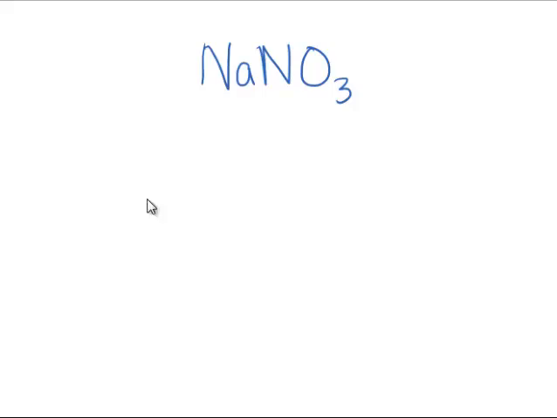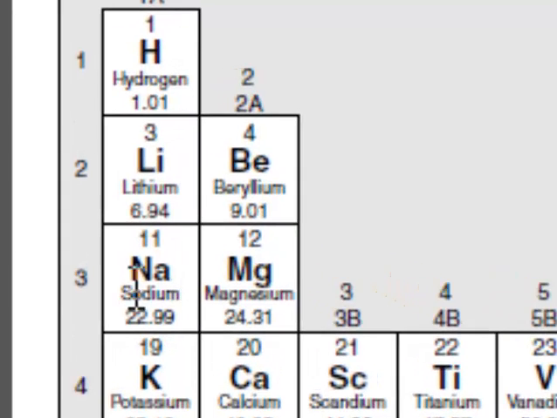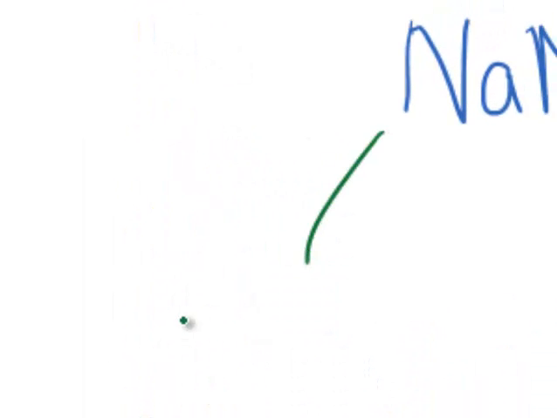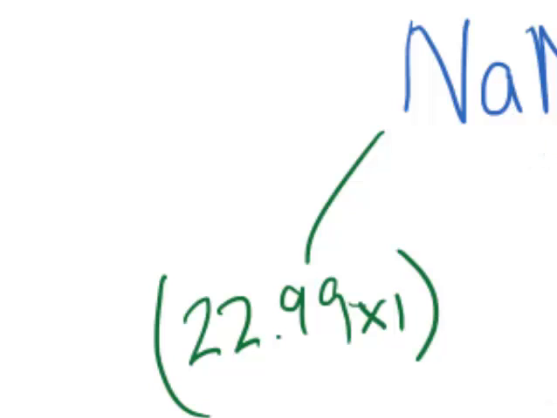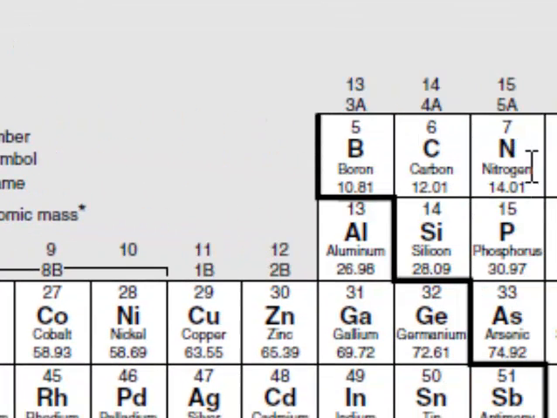So let's do a slightly harder one. We have NaNO3. So you look on the periodic table, Na is 22.99. So you write here 22.99. And there's only one of them, so we write times 1. Nitrogen is here, it's 14.01.